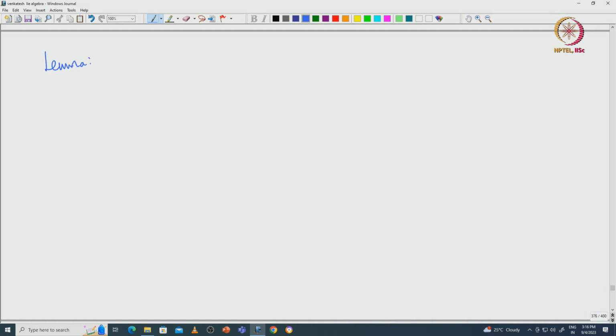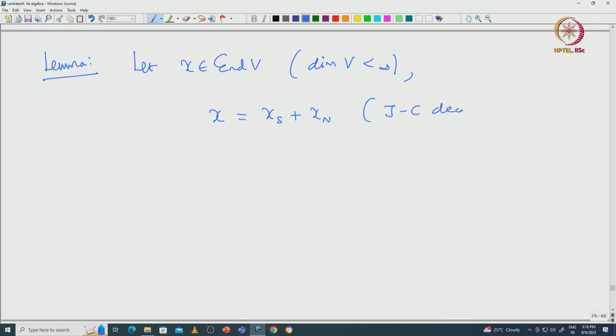In case we have some x in the endomorphism of V, and assume that V is finite dimensional, we can write x equal to xs plus xn, which is the Jordan-Chevalley decomposition of x.